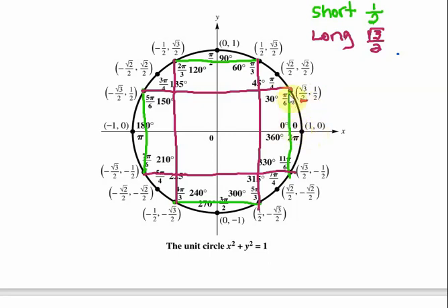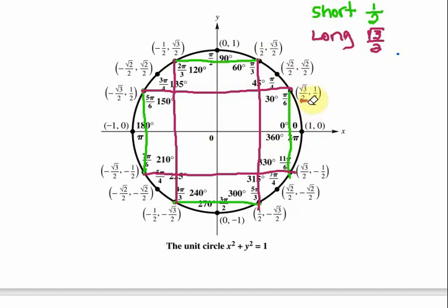And then our y value to get to that point is the short guy. So that's 1/2. Okay, so if we go to pi over 3, our x value is a short distance. So it's 1/2. And then to get up to our y value, that's a long distance. That's square root of 3 over 2. Now, those are in the first quadrant, so both of those were positive.